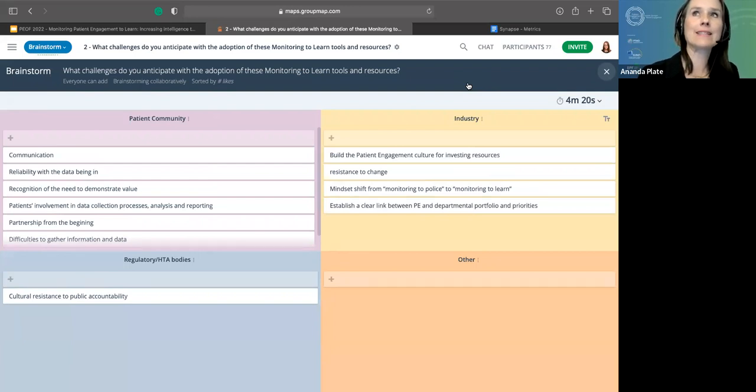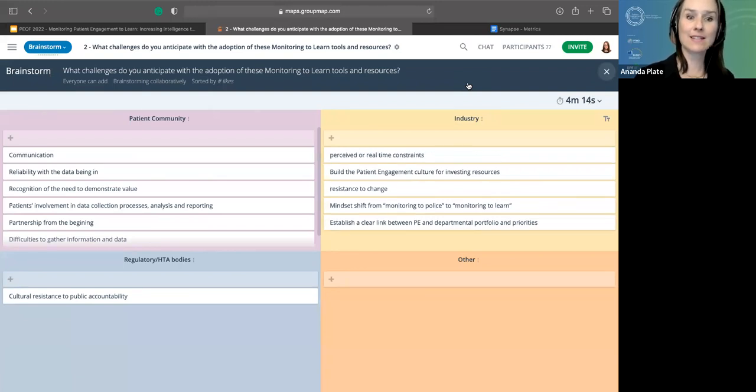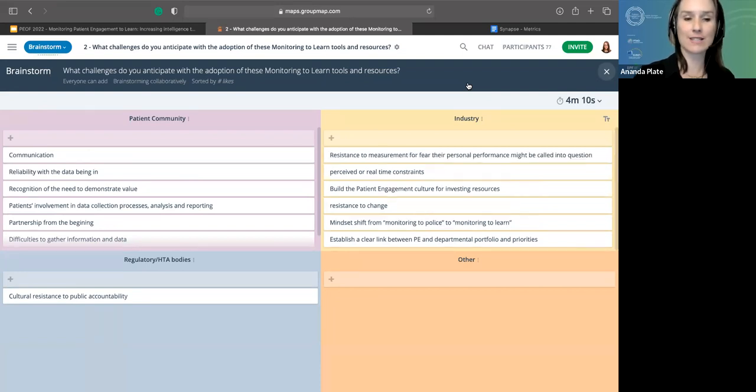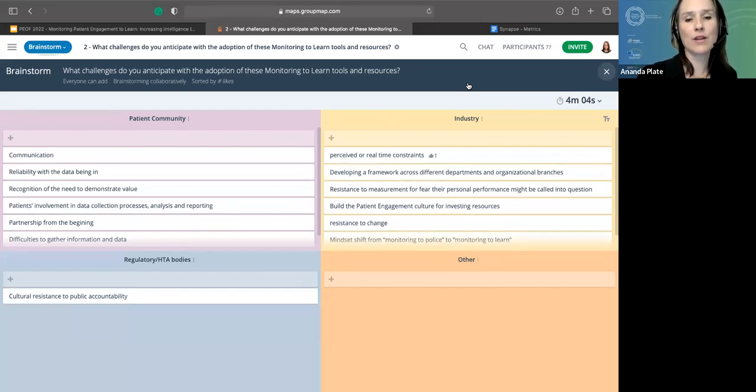And sometimes, very slowly, that approach sneaks into the interaction between patient organizations or the patient community and the company, and it gets in the way to the point that compliance and legal dictate what you can and can't do.